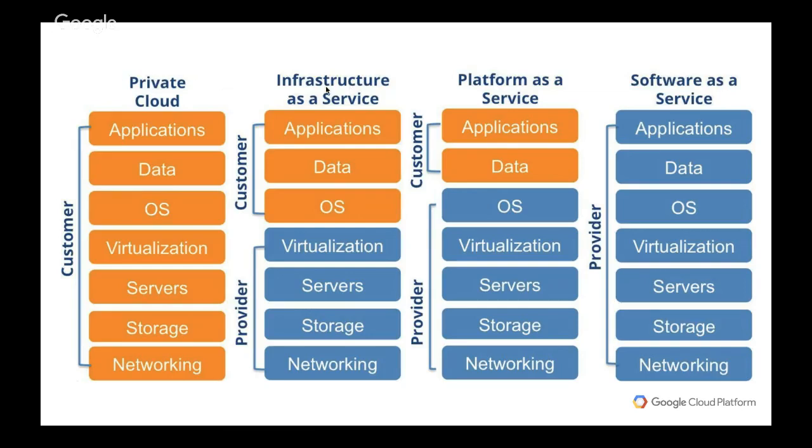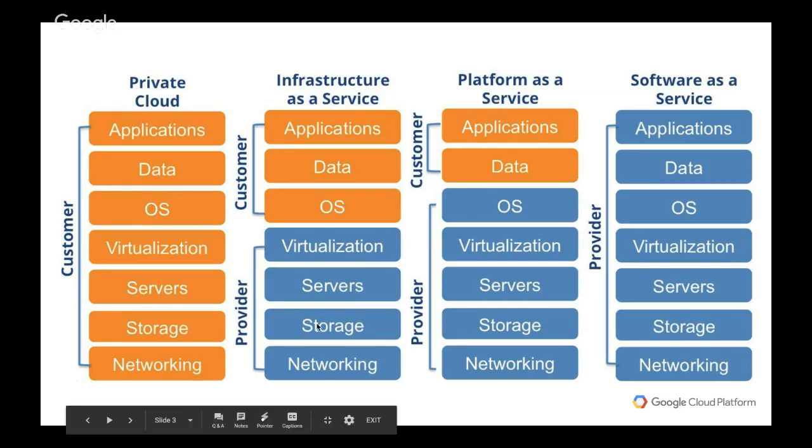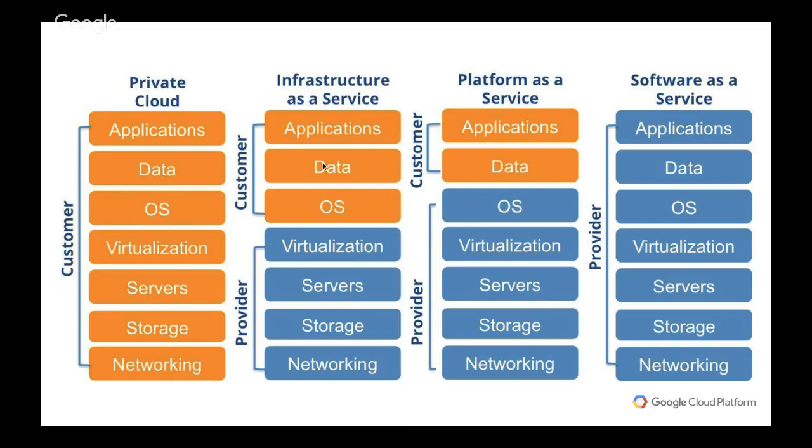And a second model will be IaaS, infrastructure as a service, in which case these service providers will provide you with all the hard technical layers, and you have to manage only 3 layers: the application layer, data layer, and operating system layer. And we have also platform as a service, PaaS, where you don't have to worry about the operating system layer as well, and you only focus on the application layer and data layer.